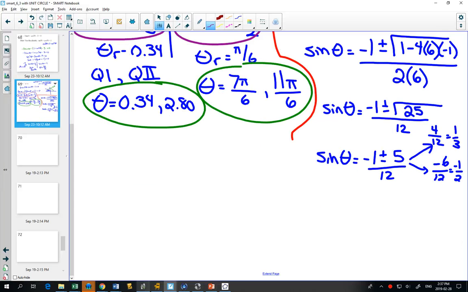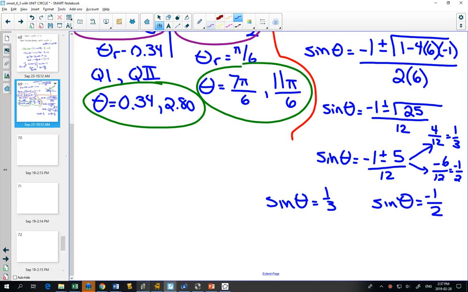So at this point, you could have said sine of theta equals 1/3, or sine of theta equals negative 1/2. If you can factor, often it's quicker. But if you can't factor, the formula is quicker. And then from that point, you'd solve it exactly the same as we did on the left-hand side.